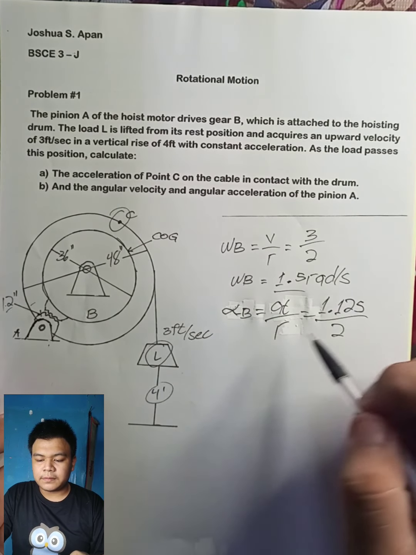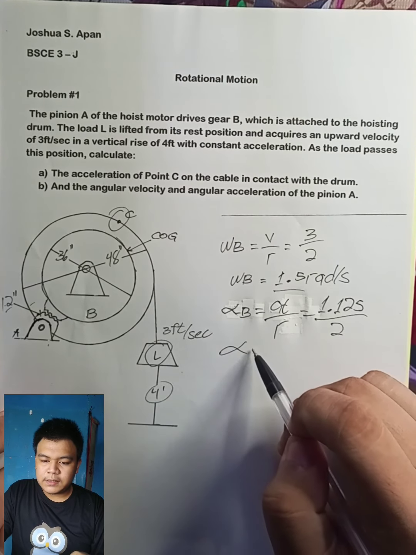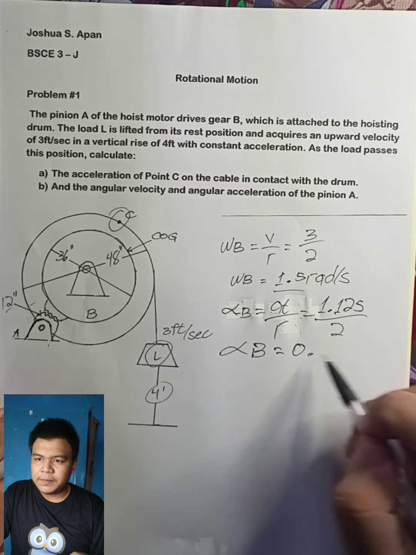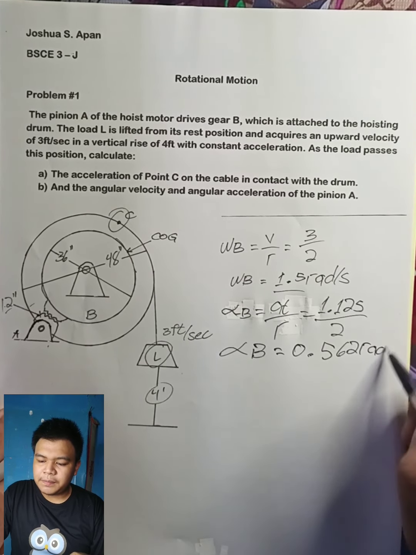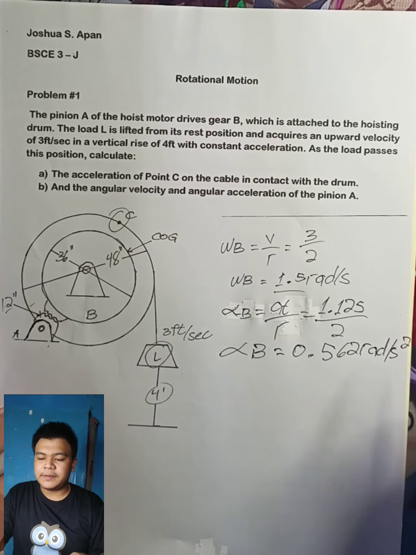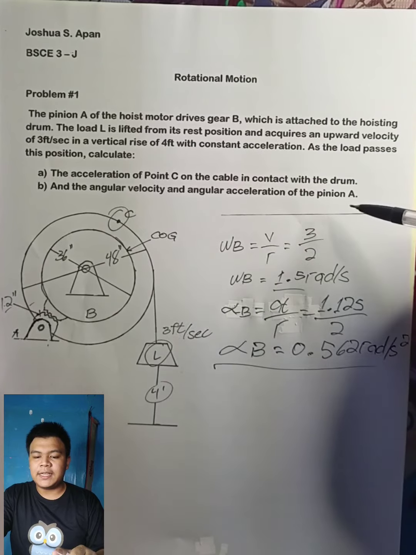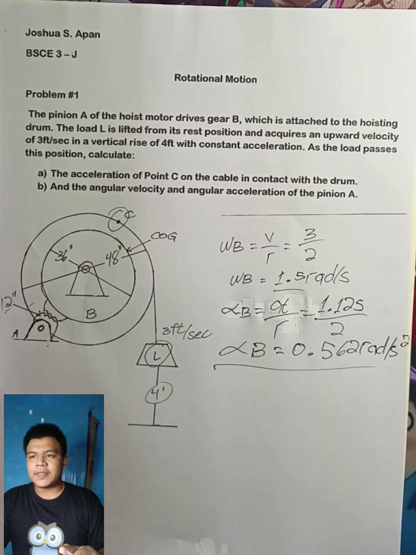So, ang angular acceleration natin sa B is equal to 0.562 rad per second squared. So, hindi pa ito yung final answer natin since ang hinahanap natin is angular velocity and angular acceleration of the point A.